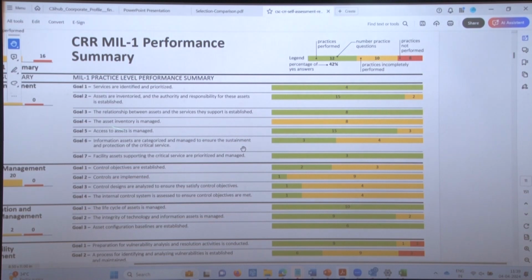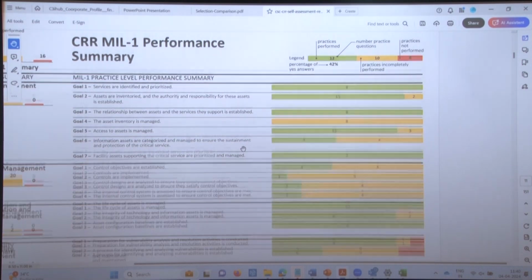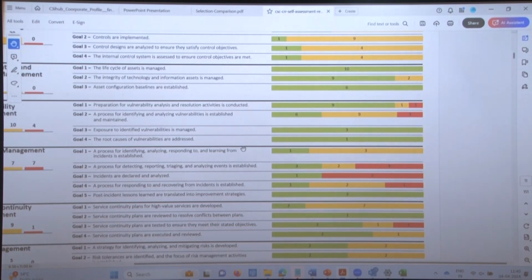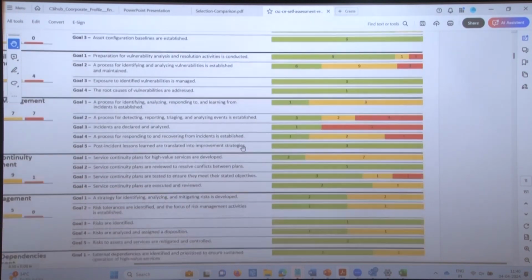I would probably start with asset management, and at the same time I try to fix this red and then this red and so on. So this will give you a picture of where we are and how to approach better maturity.